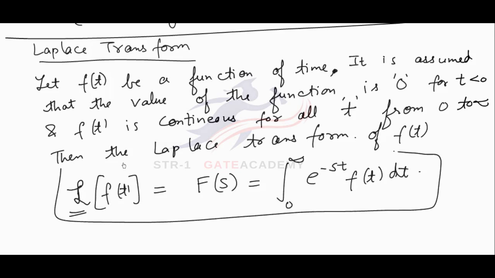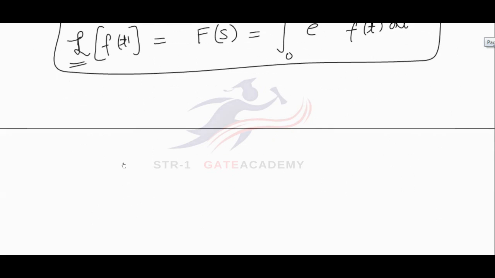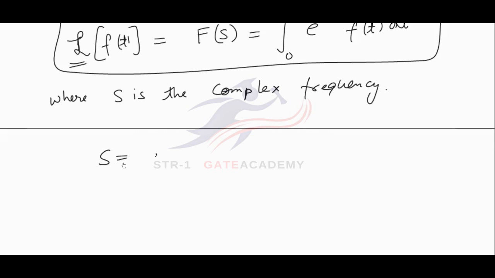This is very important for this chapter. Here s is the complex frequency, given by s equals sigma plus j omega, where sigma is the real part and omega is the imaginary part.